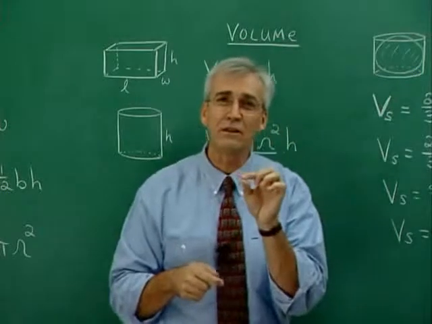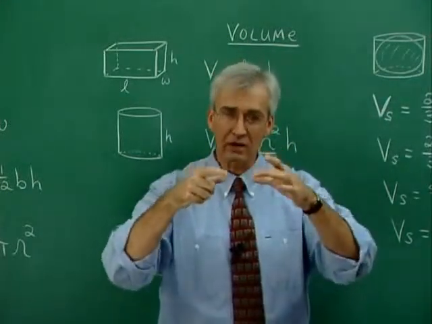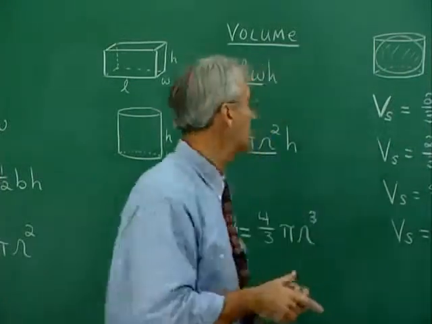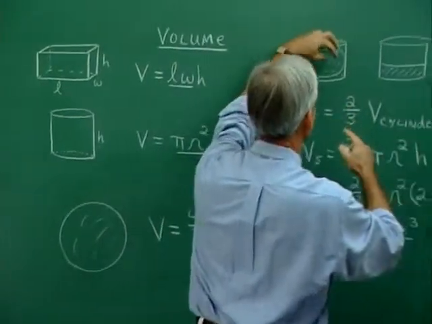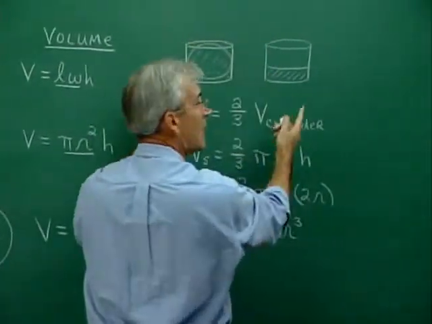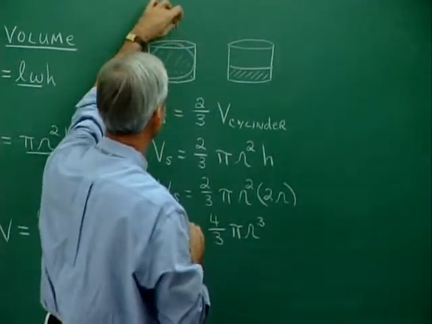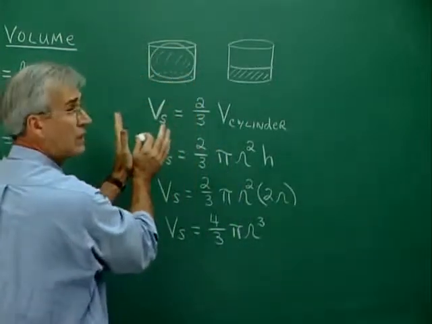And he filled the cylinder with water. And then he carefully put the sphere inside the cylinder and allowed the water to be displaced. So here's what he was doing. He took his cylinder and dropped the sphere into it, and water came out the top. And then he very carefully pulled the sphere out, and the water then settled back into the container.